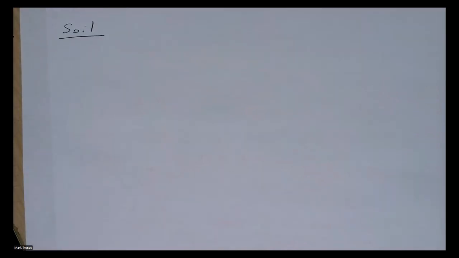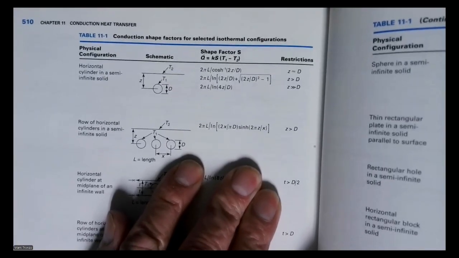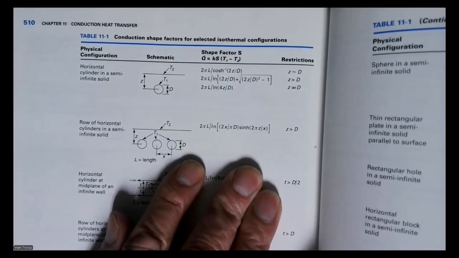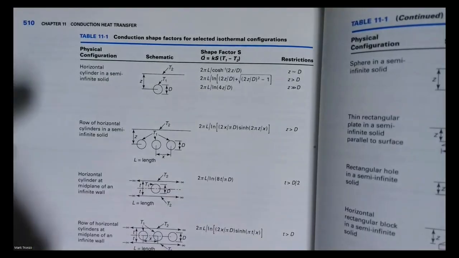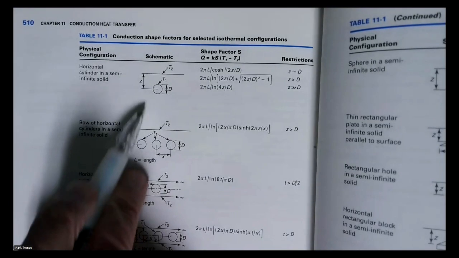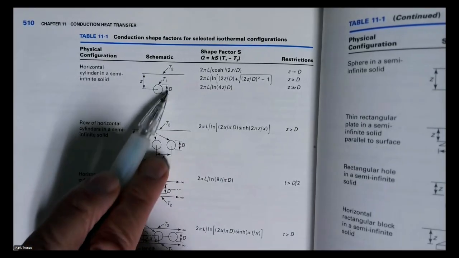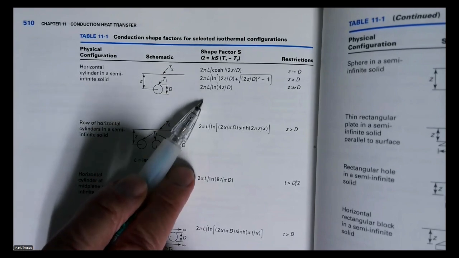Now for the soil, we're going to calculate this using the shape factor. For the shape factor, we're going to have to use the back of the book. In my book, this is table 11.1, and we have a situation like this: a pipe buried underground, with a temperature up here. There are several equations here.